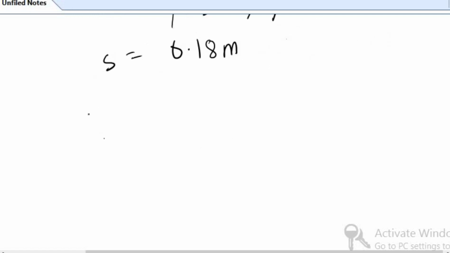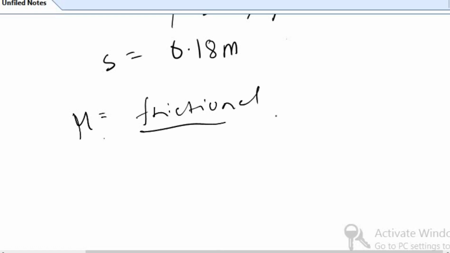Part B of the question says to find mu, which is the coefficient of friction. The coefficient of friction we denote using mu, and mu is equal to frictional force over normal force.